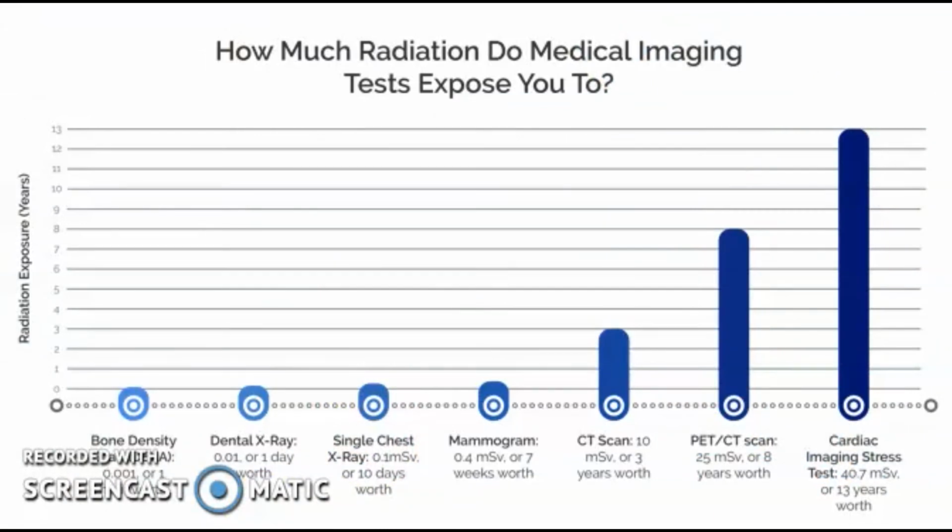As we can see from the graph, CT scan and PET scan exposure to the patient are 10 millisieverts and 25 millisieverts respectively, and remain longer in the patient's body, while a normal X-ray only exposes 0.1 millisieverts and remains for a shorter period of time in the patient's body.